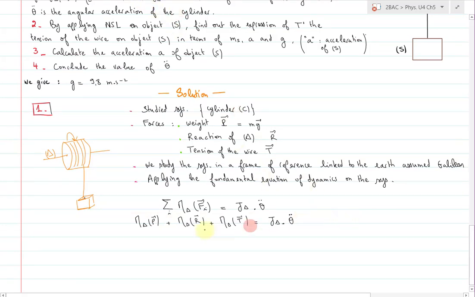So m delta p is equal to m delta r كيساوي 0 because their lines intersects with delta.